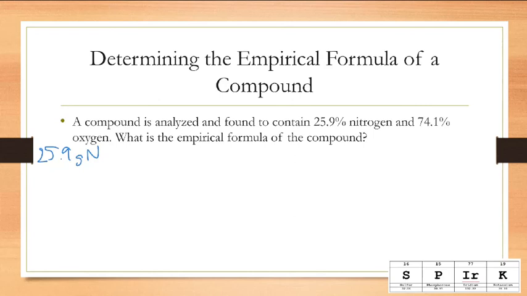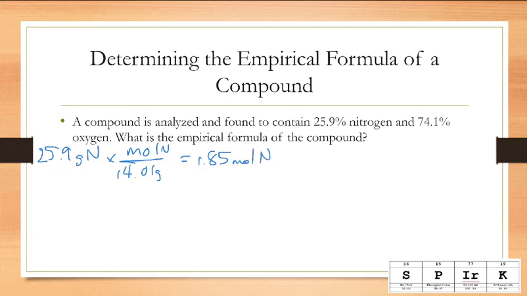And so we want to convert this to moles so we can get a molar ratio. So we're going to divide by the molar mass of nitrogen, and that's going to give us 1.85 moles of nitrogen.